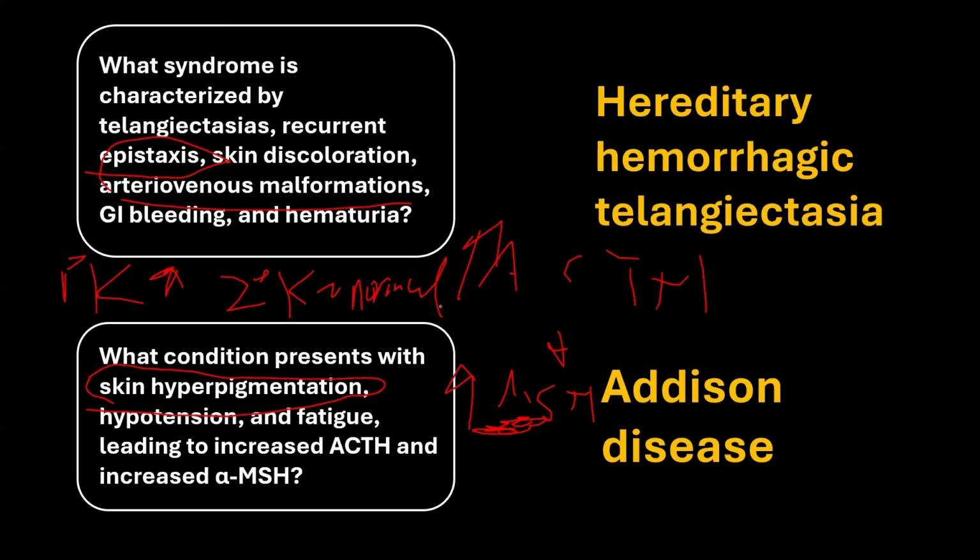In secondary adrenal insufficiency, your ACTH will be low because you're not producing ACTH. So you don't get skin hyperpigmentation and your potassium will be about normal because you're still producing enough aldosterone to regulate your potassium level.